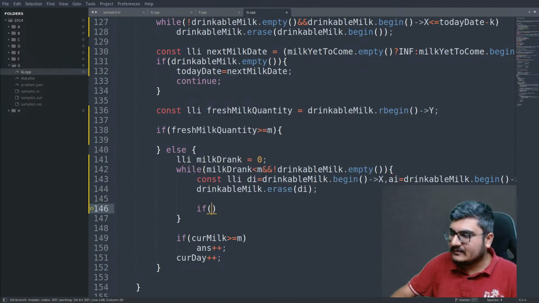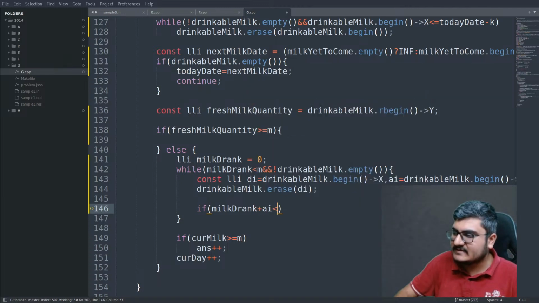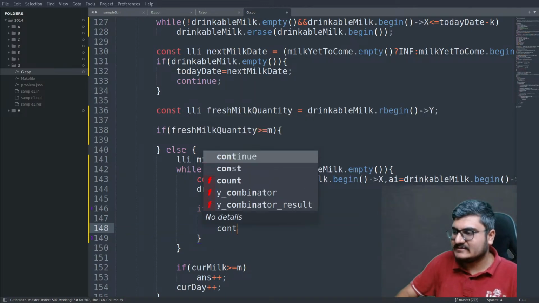If the milk we have drunk so far plus a_i is less than or equal to m, then just add this to our answer and continue.